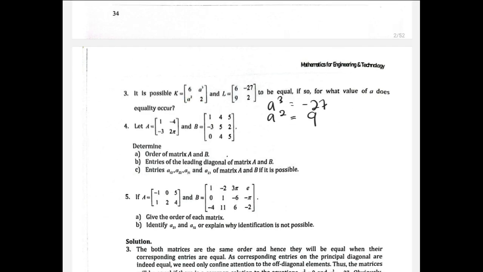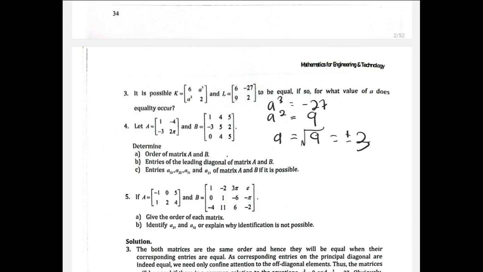So, let's look at the easiest one, which is a squared. So a squared is equal to 9, so a is equal to the square root of 9. If you solve it, we'll get plus minus 3.